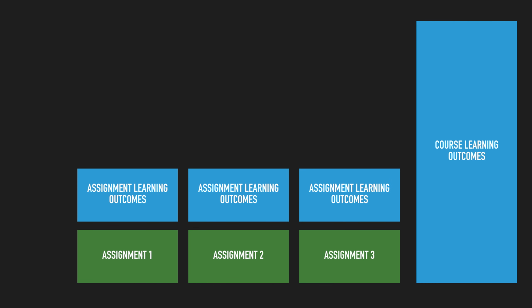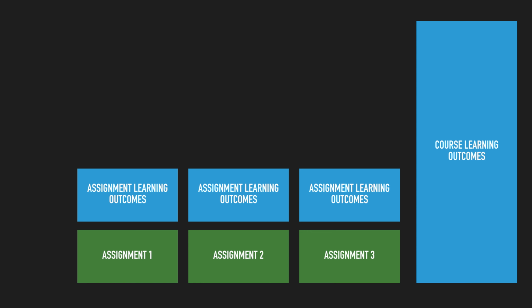Each assignment then has its own learning outcomes. So if for example, we are teaching assignment 3, let's say assignment 3 is a research paper. So some of those learning outcomes might be find sources, evaluate sources, integrate sources and incorporate them effectively into a paper, synthesize readings, all of the various learning outcomes that would be required to complete that assignment.